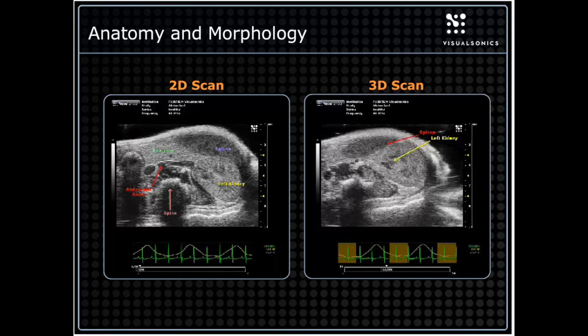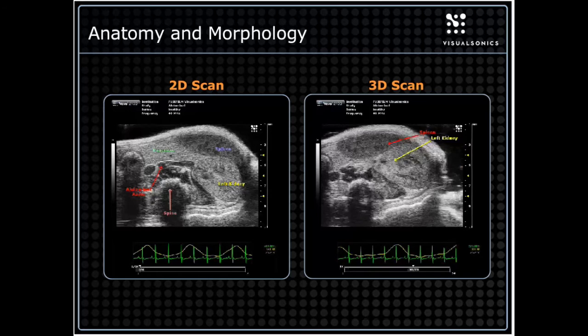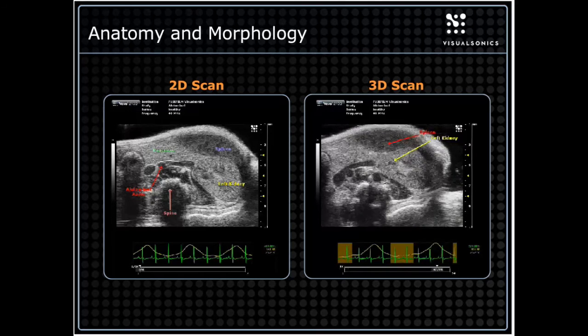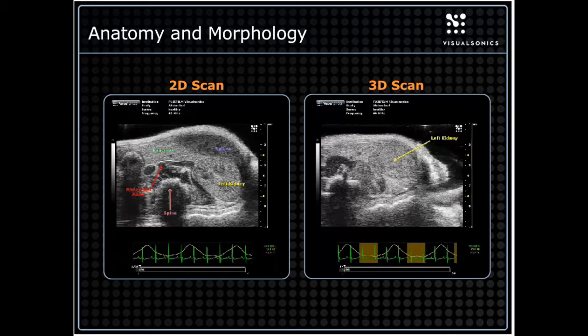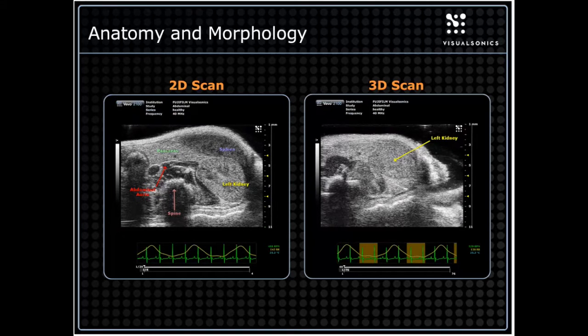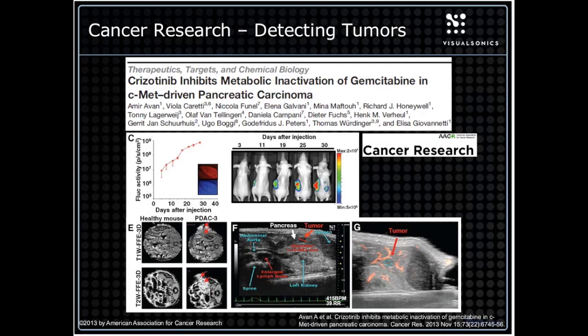What has been done looking at such a cross-section in the mouse is, for example, detecting pancreatic cancers. And on the next slide, you can see a publication from 2013 looking at pancreatic tumors, where the optical imaging was used for quick screening purposes, an excellent tool for that.